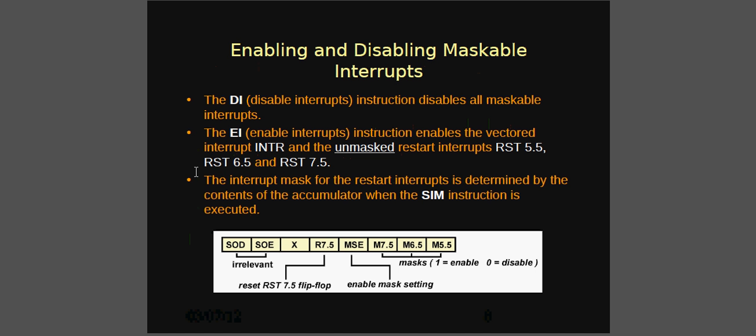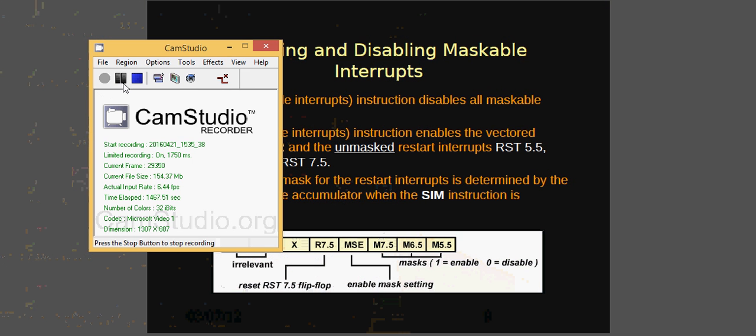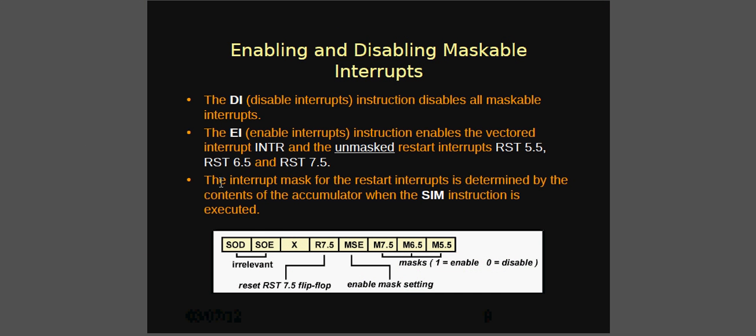Okay, this is the example of how we can enable or disable the maskable interrupts. This is the register where we can set the settings.